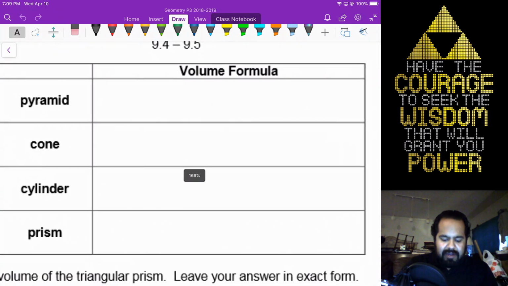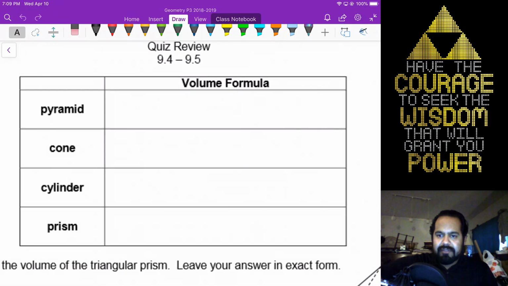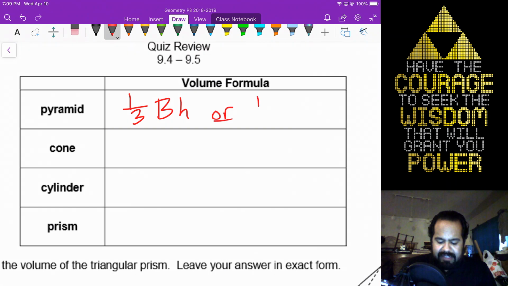So right here is our formulas that you will need to have memorized. Remember that the pyramid is 1/3 base area times the height, or you can simplify that differently. You could say base area times the height all over 3. Now, again, remember that the height is the height of the solid. The cone is going to be very similar to this one.